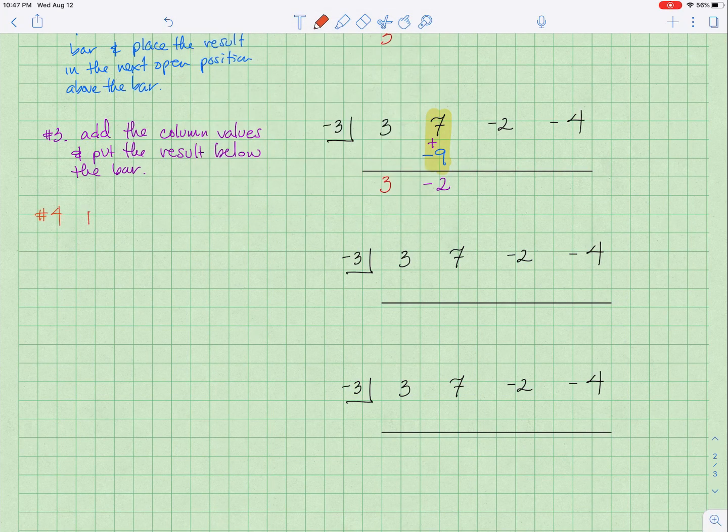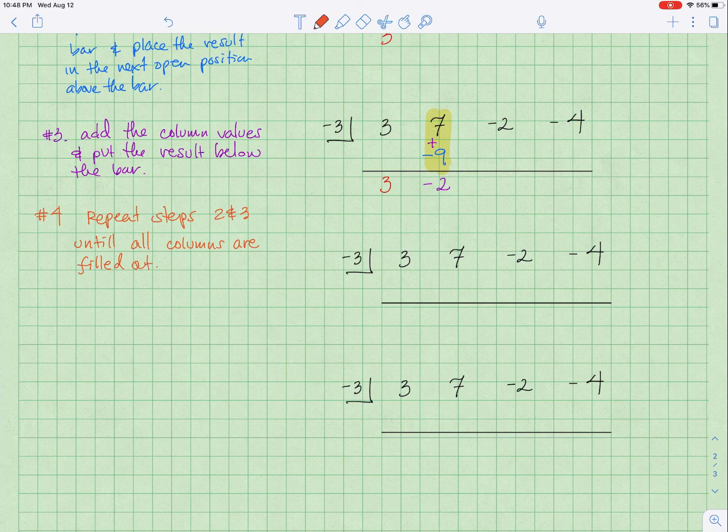Step number 4. Repeat steps 2 and 3 until all columns are filled out. So what would that look like?